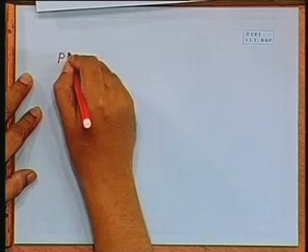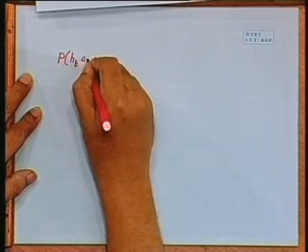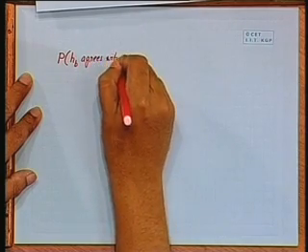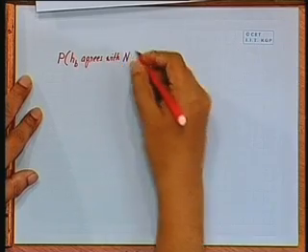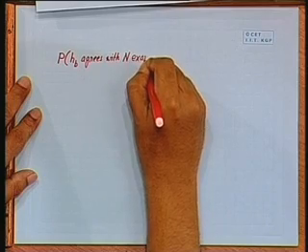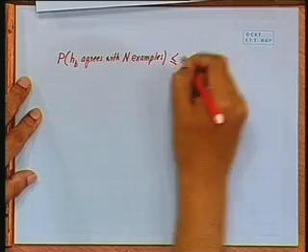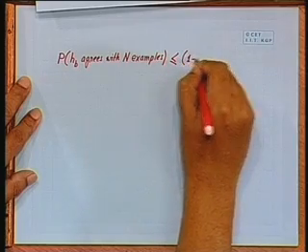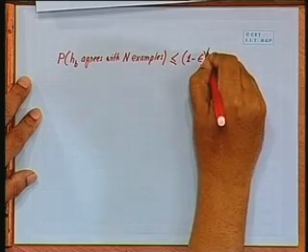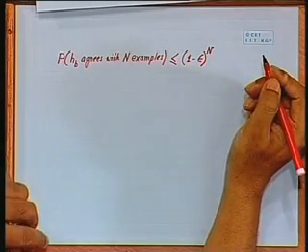Probability that HB agrees with n examples is less than or equal to (1 minus epsilon) to the power of n. Why?